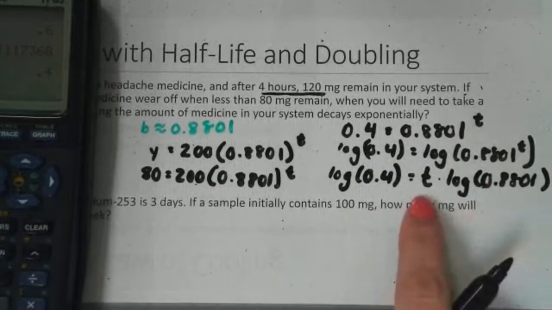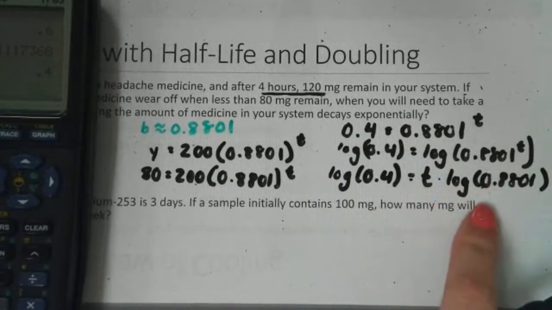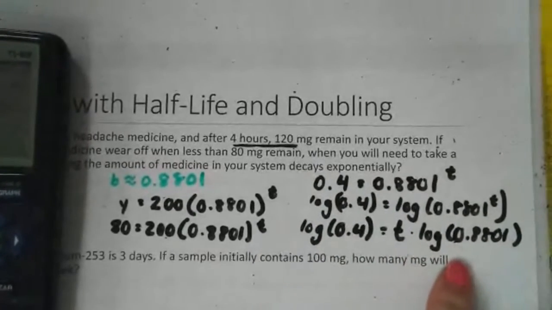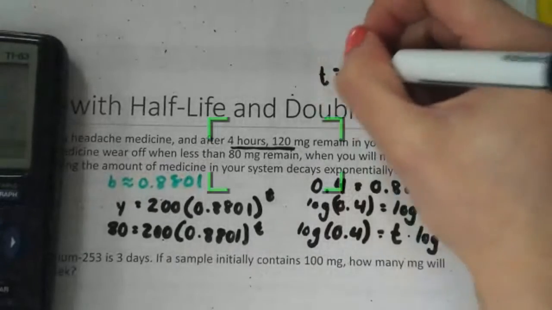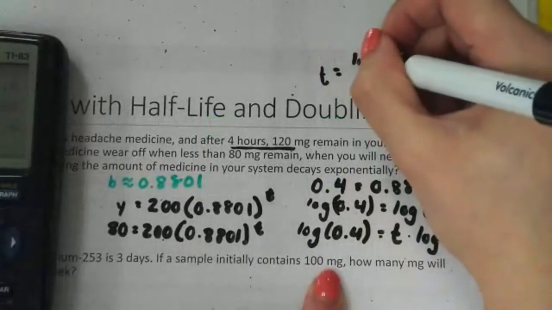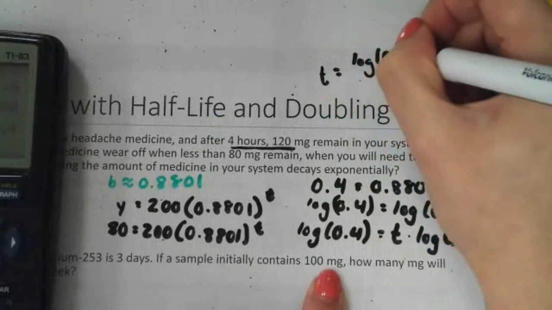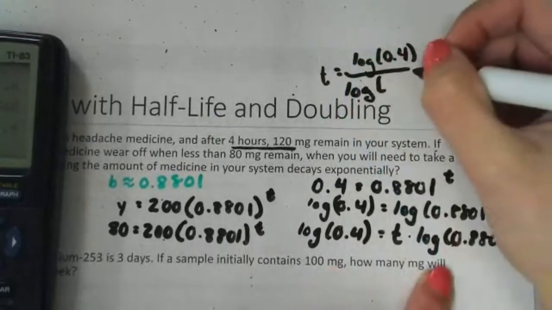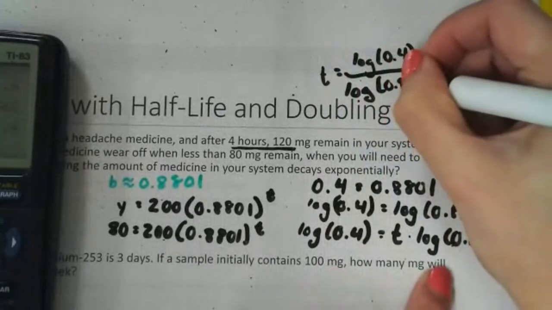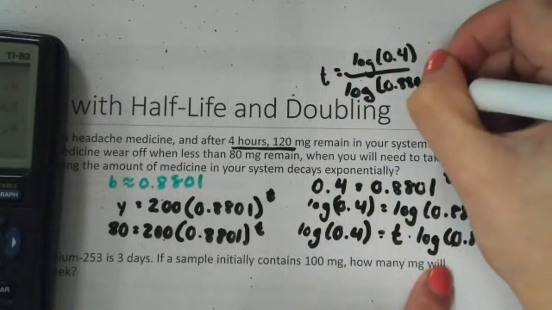To solve for t, I need to divide both sides by the log of 0.8801. So t is equal to the log of 0.4 divided by the log of 0.8801.